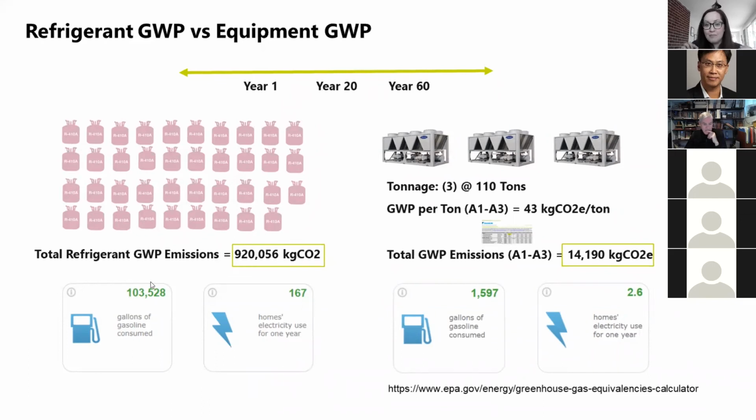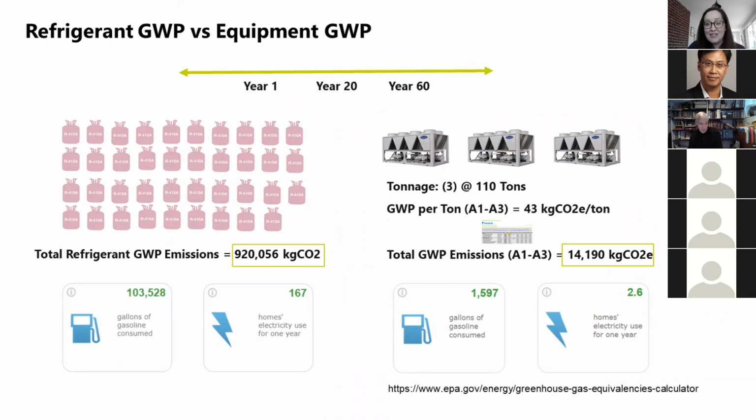If we compare that simply to the raw materials required for those 3 chillers that you would install, let's say the steel required for the chillers, those raw materials, according to Daikin and Trane, who have both produced EPDs, or some of the very few EPDs available to us in MEP in the US especially, they estimate that A1 to A3, the manufacturer-incurred amount of embodied carbon, to be 43 kilograms per kilogram. So based on the weight of those chillers or the tonnage of capacity, that's about 14,000 kg CO2.